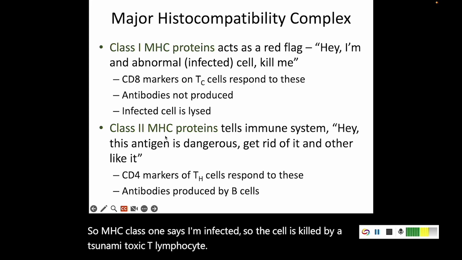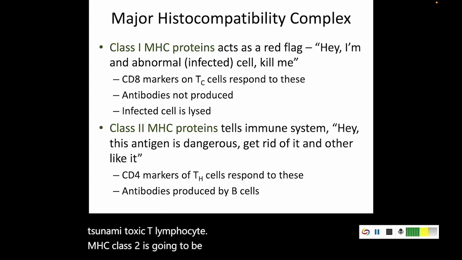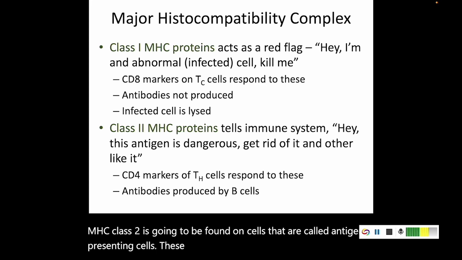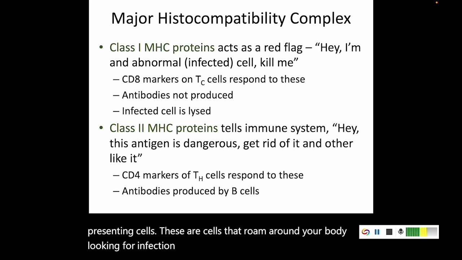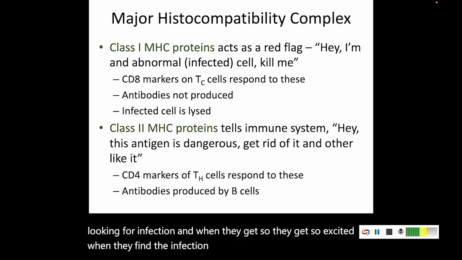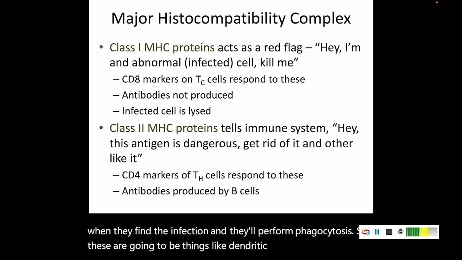MHC class 2 is going to be found on cells that are called antigen-presenting cells. These are cells that roam around your body looking for infection. And when they find the infection, they'll perform phagocytosis. So these are going to be things like dendritic cells or macrophages or even sometimes B cells.